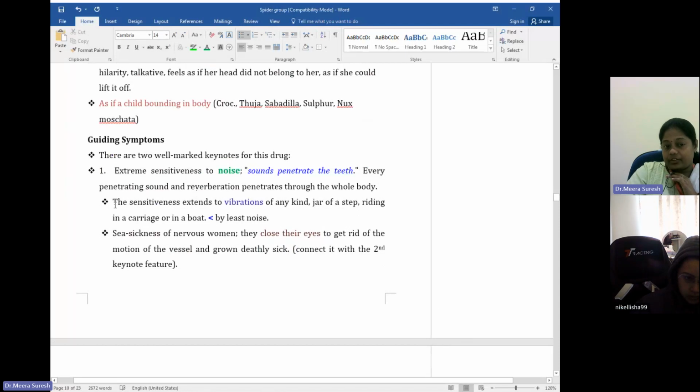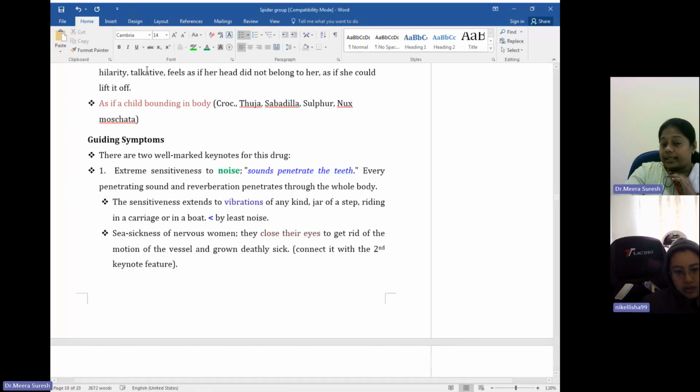We'll see how they manifest. We can see that the sensitiveness is that extensive. There is no need of any sound. Even the vibration is enough to move through their body. So even the jar of a step, like the person is sitting over there and someone is moving near that person, the symptoms will be aggravated.